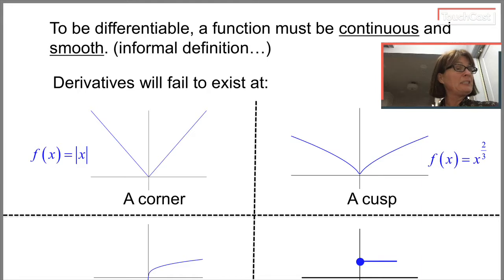If there is a cusp, which is kind of a fancy sort of corner that comes when you raise your input variable x to a fraction exponent where the numerator in that fraction is even and the denominator is odd. How often does it come up? Not very often, but you need to know that at a cusp, you wouldn't be able to find a derivative.